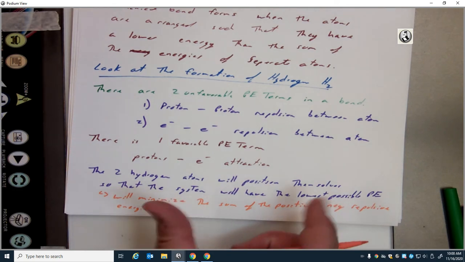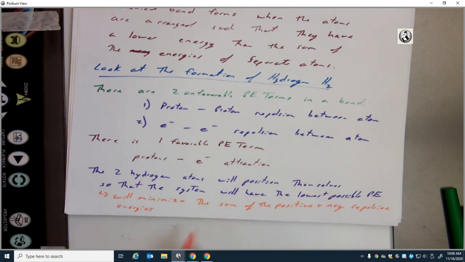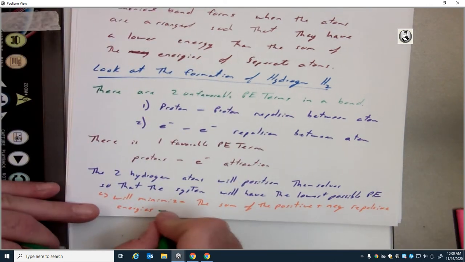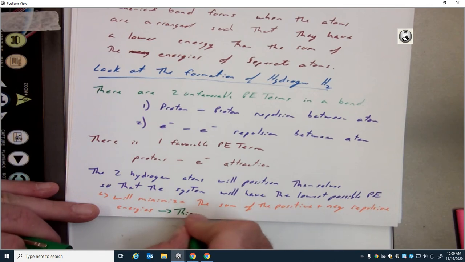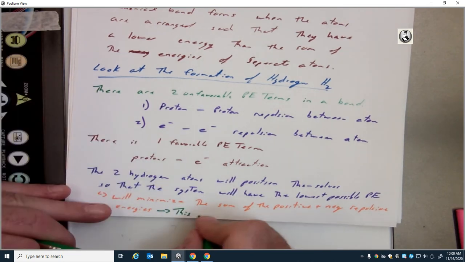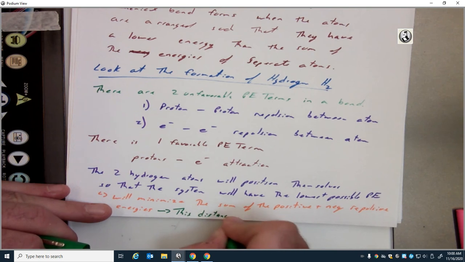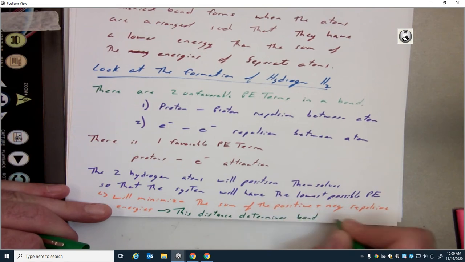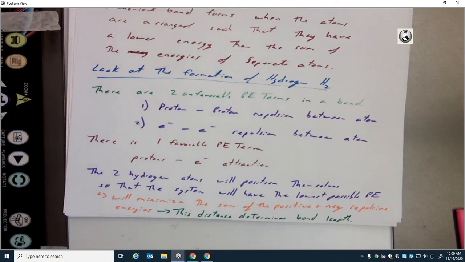So they're going to settle at a distance that minimizes these positive and negative energies between the atoms. And this is what determines the bond length. This distance determines bond length.